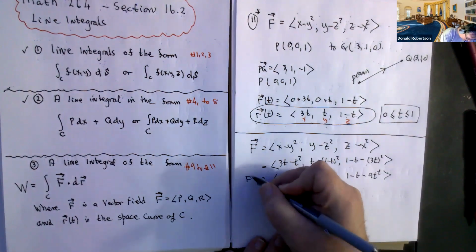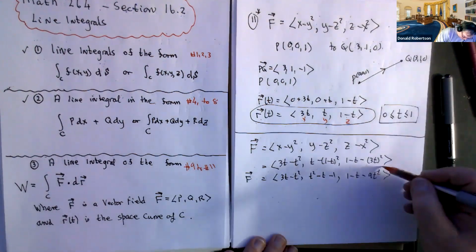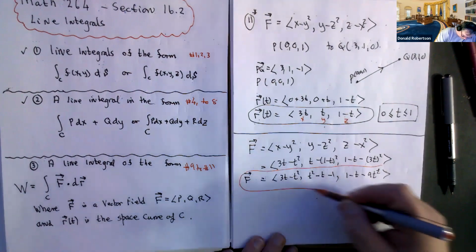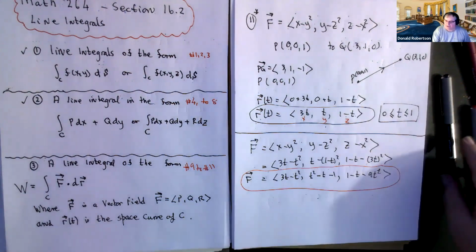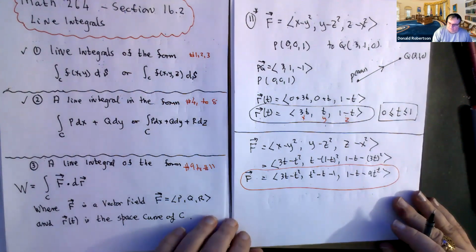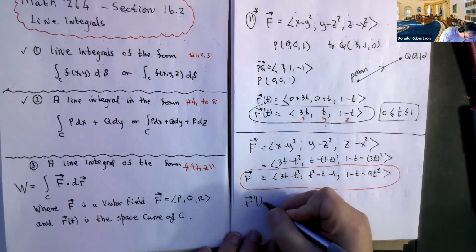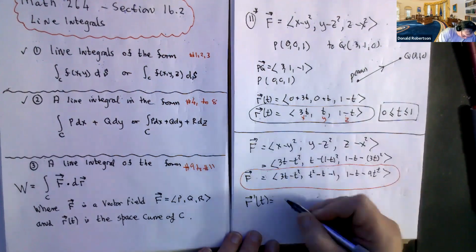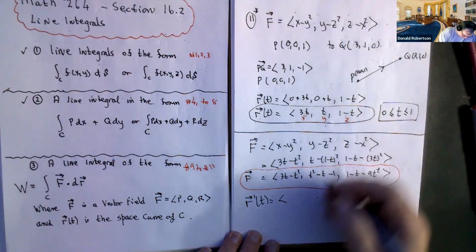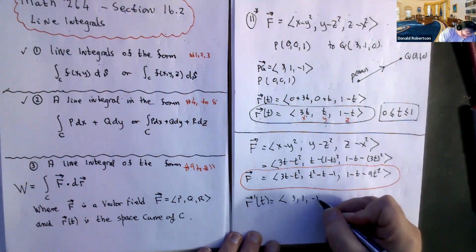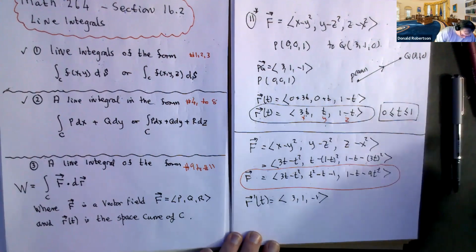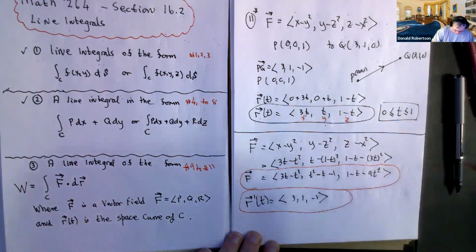And now I'm happy. I have my vector field in terms of t. Now I already know who r of t is, so I'm just going to write down its derivative: 3, 1, negative 1. And that's the other thing I need.